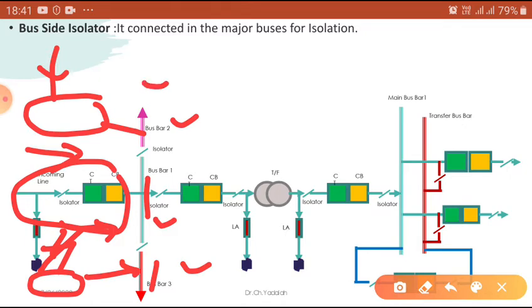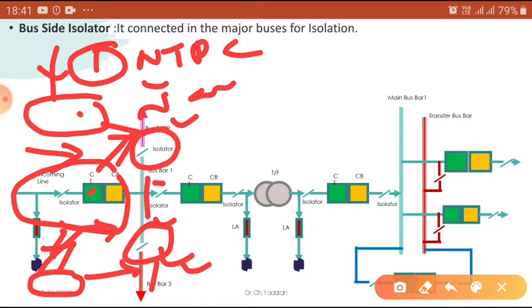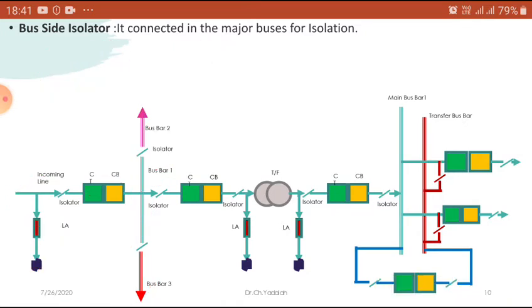This bus is intended for this supply, this bus is intended for that supply, and all are connected, separated by the bus isolators. These isolators can be closed whenever we require. The first supply is from NTPC, the second one is Nagarjunasagar and the third one is KTPS.